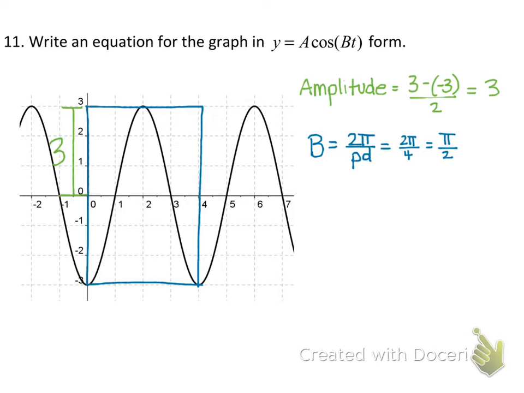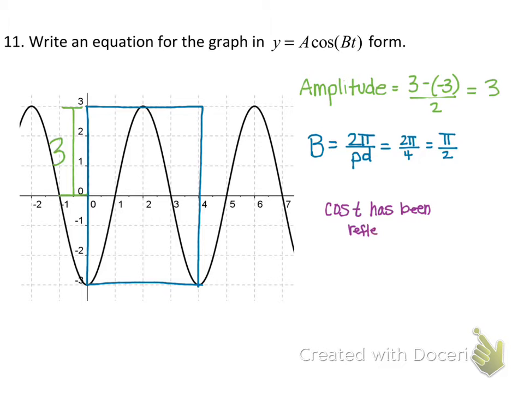Now, since we're starting at one of our mins or maxes, this is the cosine graph, but since we are starting at our min and going up, we have to note that there has been a reflection. Okay, so cosine t has been reflected.